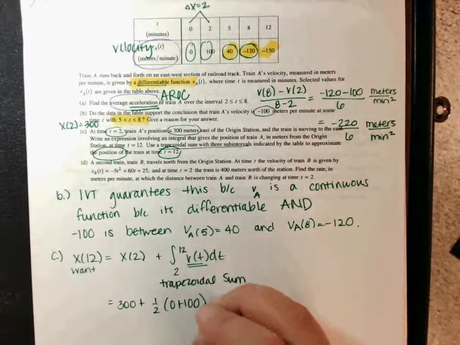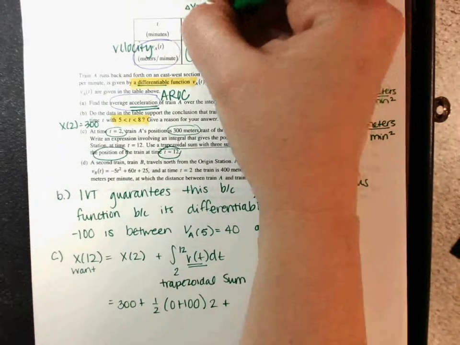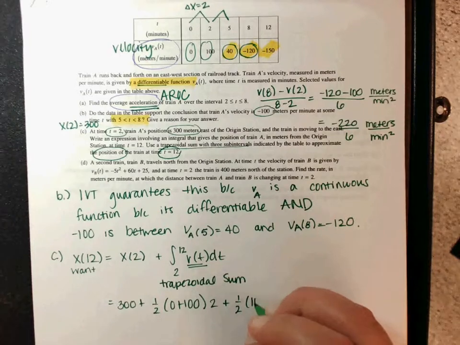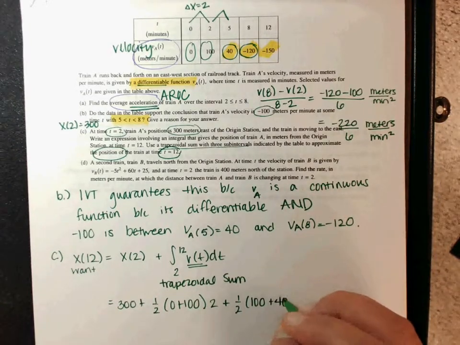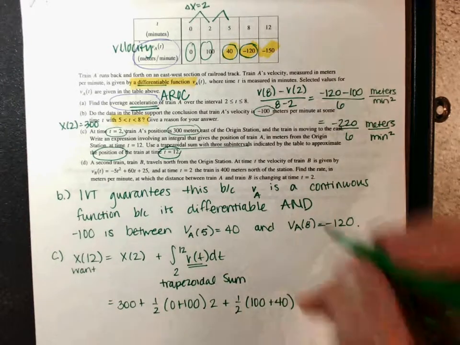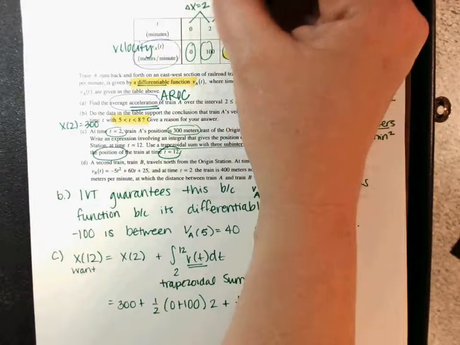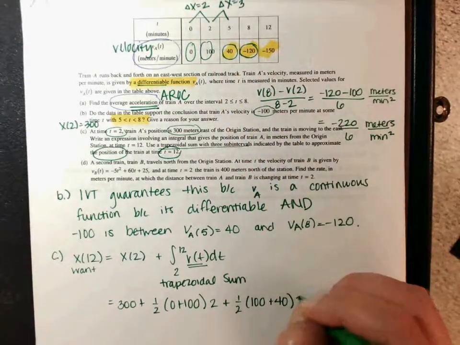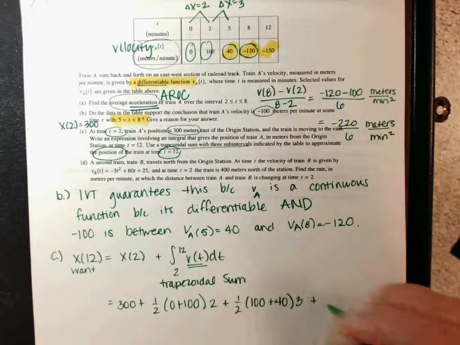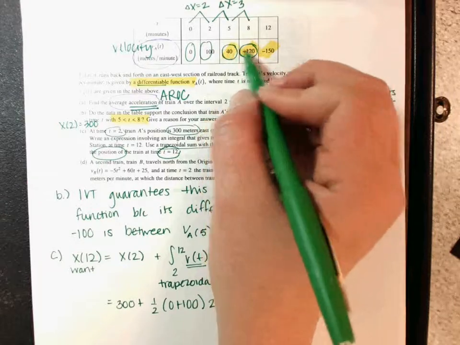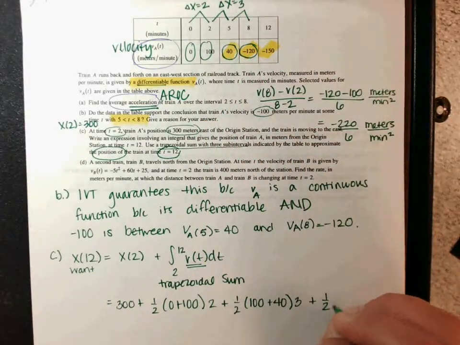Plus. Then I'm going to go from 2 to 5. My y values are 100 plus 40. But then if I went from 2 to 5, my delta x on that subinterval is 3. Plus, next one. Going from 5 to 8, my y values are obviously 40 and negative 120.